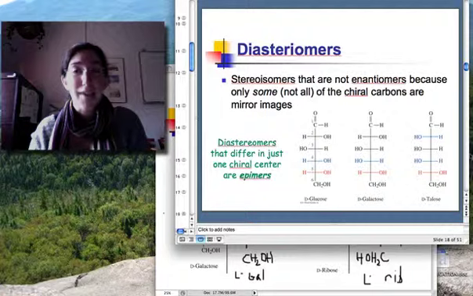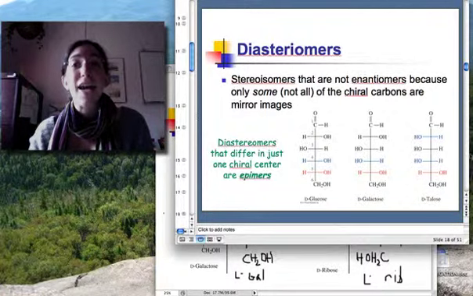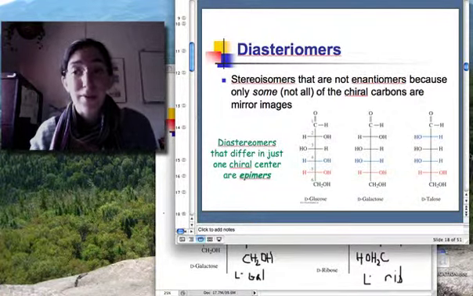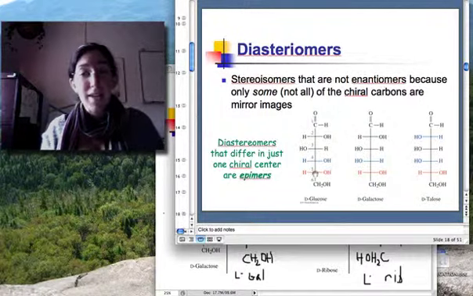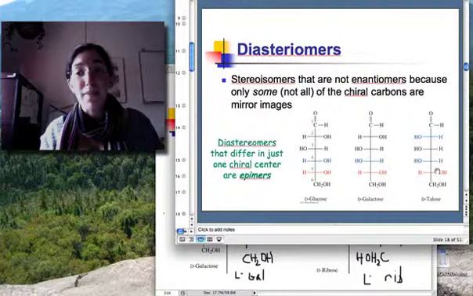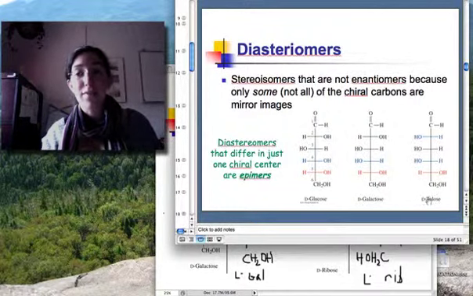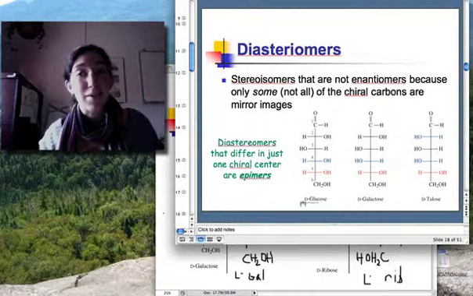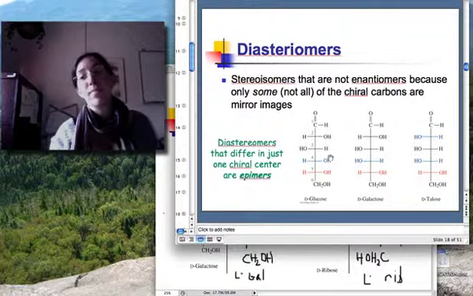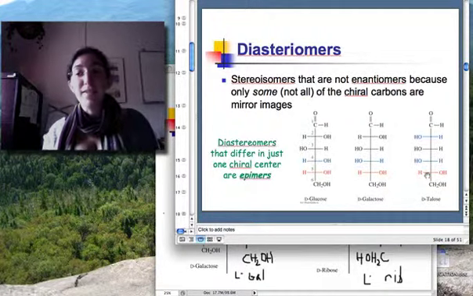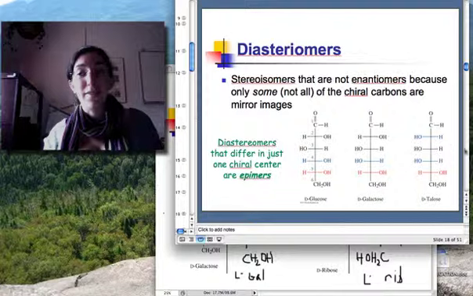So D-talose would be a diastereomer of D-glucose. But notice in red here, they've highlighted the fifth chiral carbon to show you that all of them have the alcohol group on the right side. So they're all still D molecules: D-glucose, D-galactose, D-talose. Whereas if it was a full enantiomer, it would be the L version. So they're all still right-handed, but they're all diastereomers of glucose.